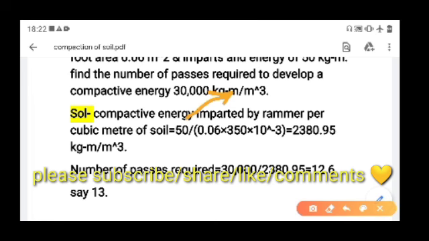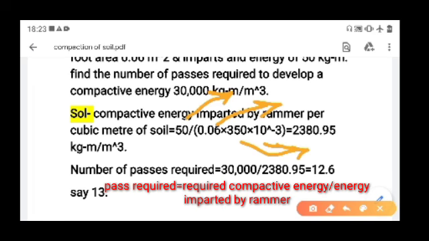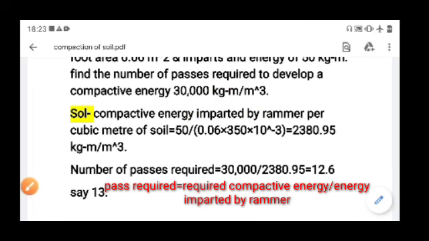That is 50 divided by 0.06 times 350 times 10 to the power minus 3 meter. By calculating, we get 12.6, so we can say this is 30 times.